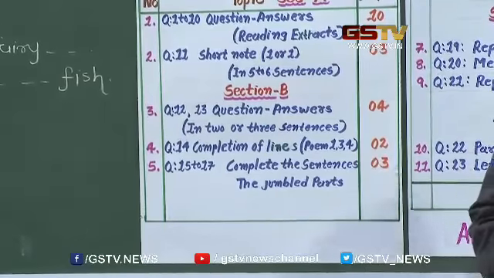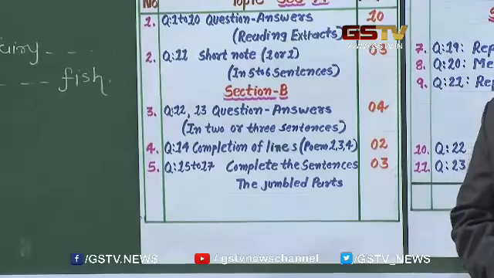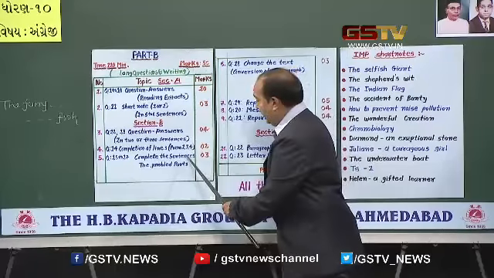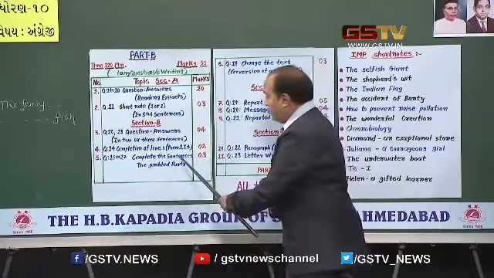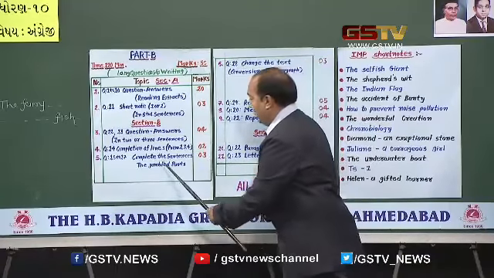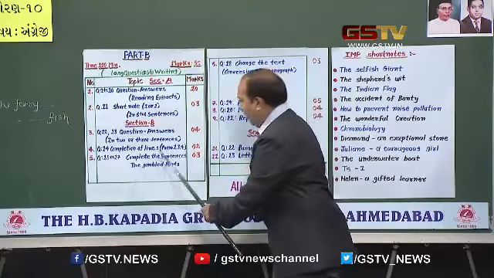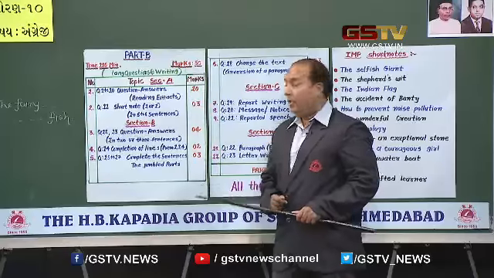Students, in this question you will be given 3 questions, and you have to complete them from the clues given in the brackets, or it may be asked that jumbled parts should be put into proper order, and it will be helpful to you for 3 marks.